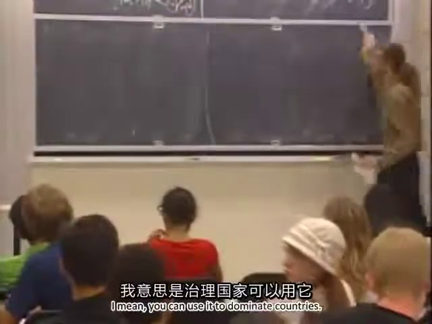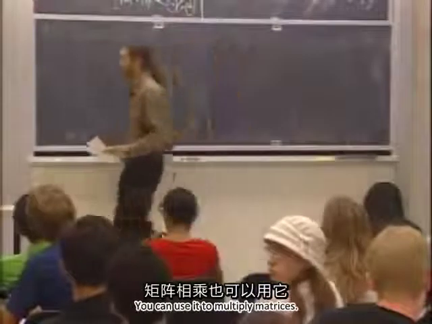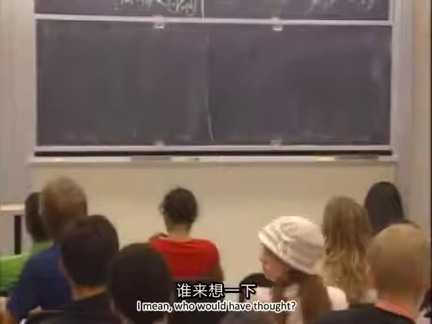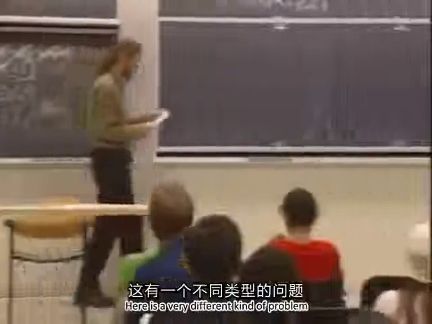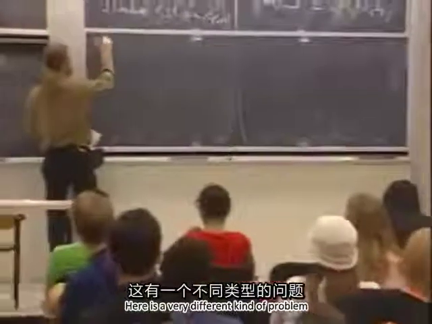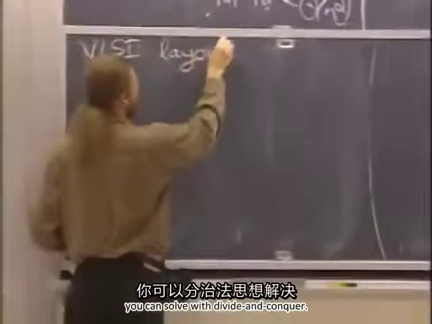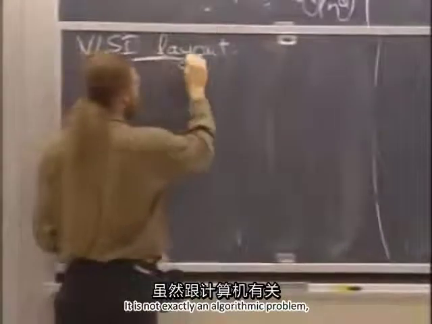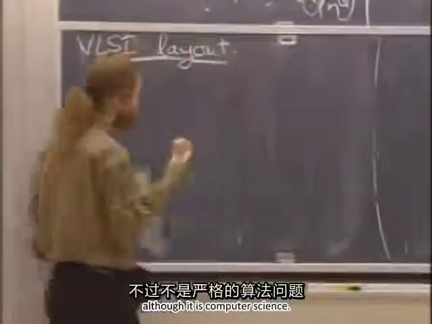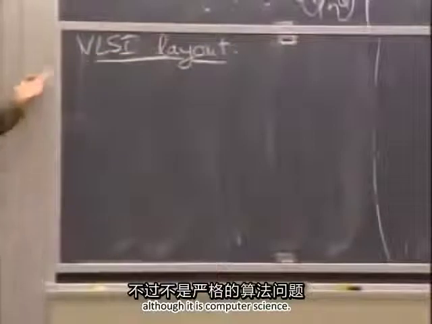I mean, you can use it to dominate countries. You can use it to multiply matrices. Who would have thought? Here's a very different kind of problem you can solve with divide and conquer. It's not exactly an algorithmic problem, although in some sense it's computer science.